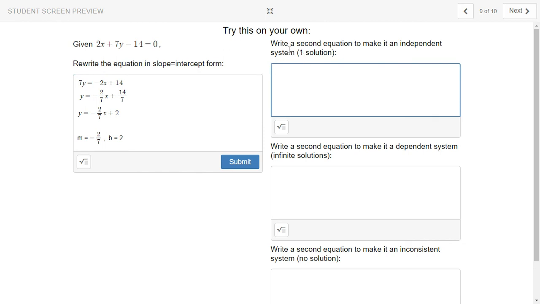Okay, so we know that for it to be an independent system where we have one solution, we need to have an equation of a line that has a different slope.